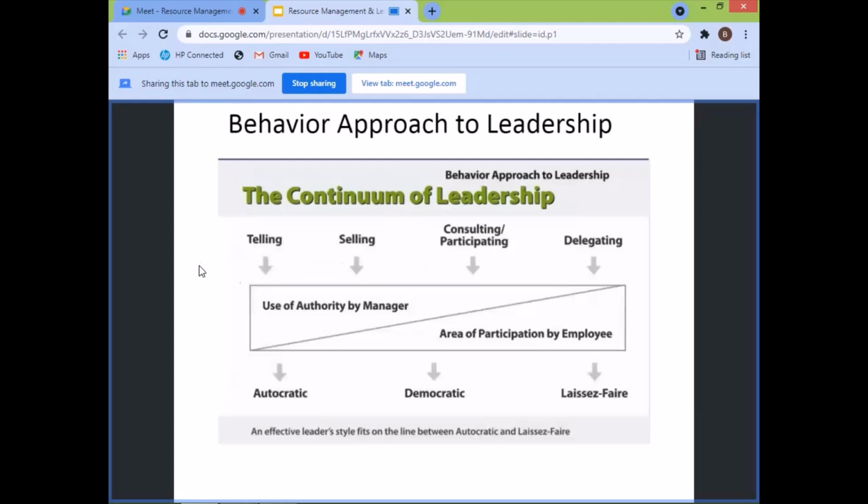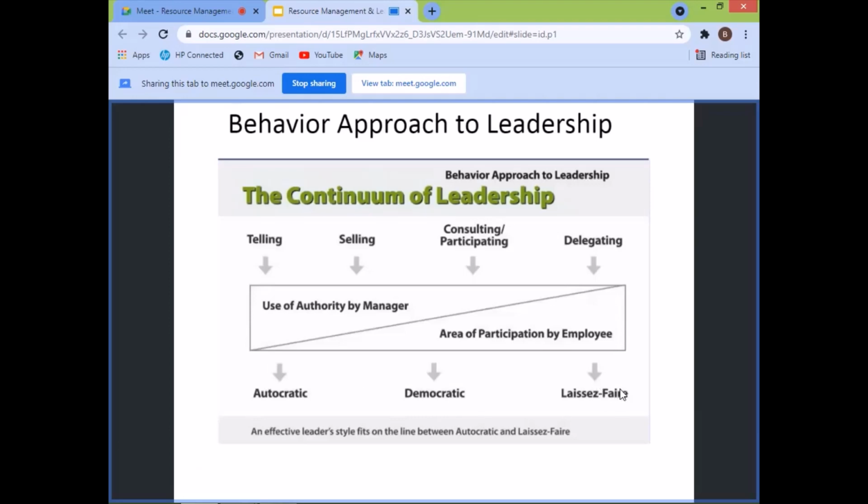In this model, as I said, there are four leadership styles: telling, selling, consulting or participating, and delegating. Then there is this area, use of authority by manager, and this area of participation by employee. And there are three leadership styles: autocratic, democratic, and laissez-faire.